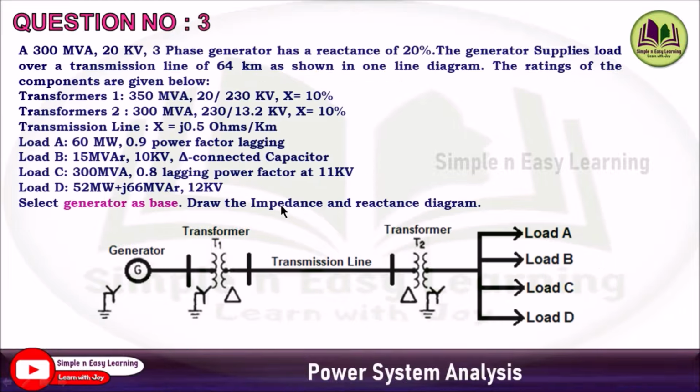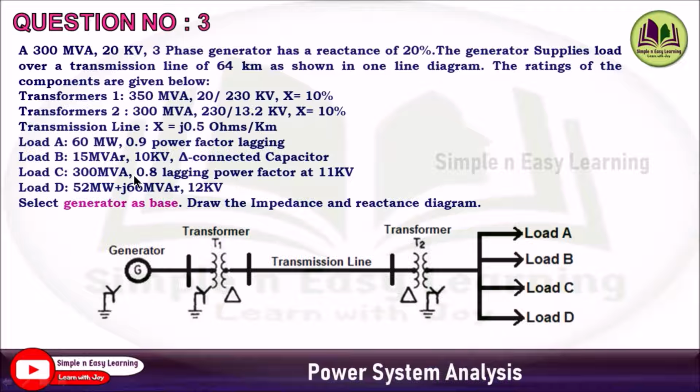And the third question: in this question the generator is the base, and loads are given. Here all different types of loads are considered: load A, load B, load C and load D. In load A, 60 megawatt, 0.9 power factor lagging. Load B, 15 MVAR, 10 kV delta connected capacitor.